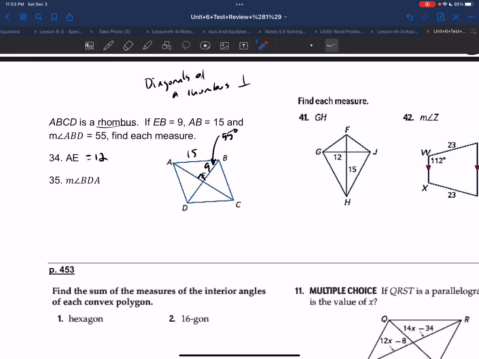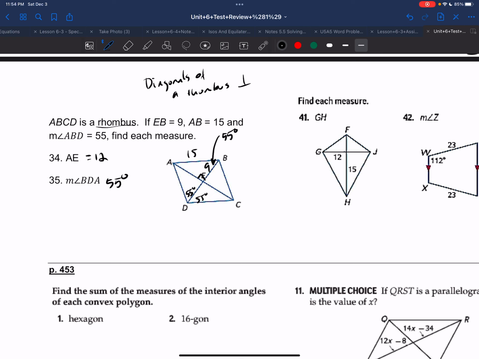But that means that we have to split that whole angle into two congruent parts. So this here is 55, and this here is also 55. So we can put 55 here and 55 there. So what is BDA? Well, BDA is 55 degrees. Okay?